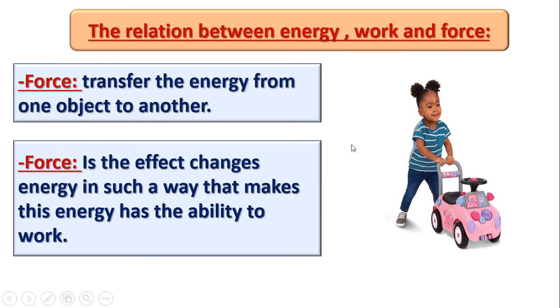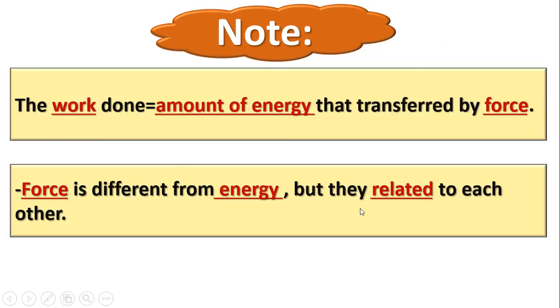So the force is transferring the energy from one object to other objects, and when the energy is transferred, there is an ability to do work. So if you want to do work, the work done equals the amount of energy transferred by a force.